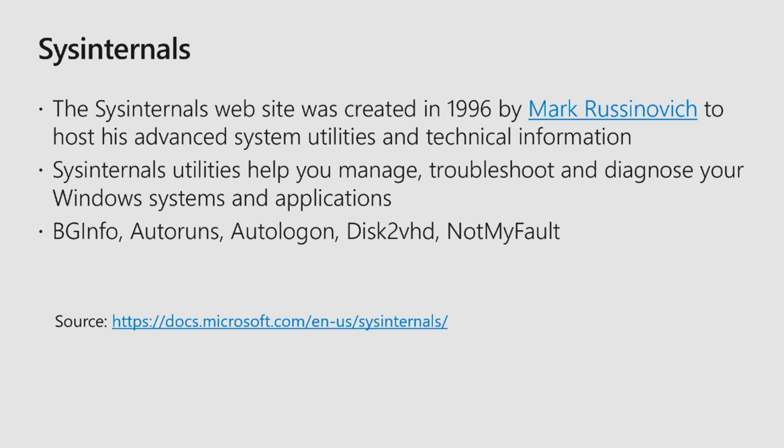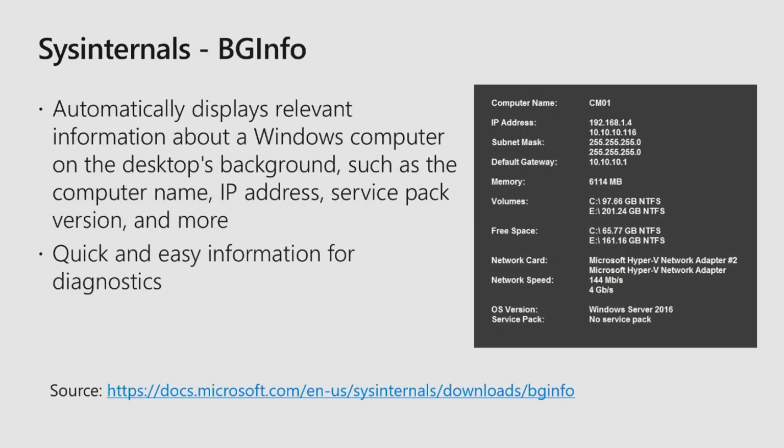For example, BGInfo is a great tool for an upfront glance of your system. This information shows up on the desktop of wherever you install it. So we have it on all our servers. When I log into a server, I can see, oh yeah, this is the server name, the IP address, the memory, the disk space, and things like that.